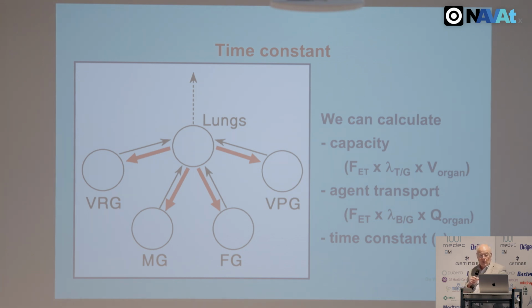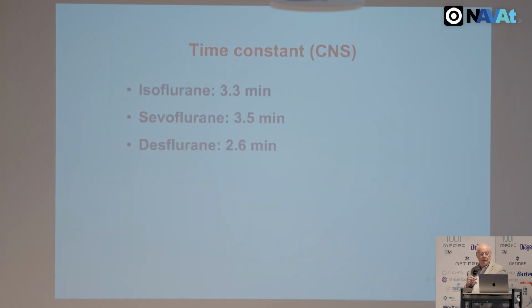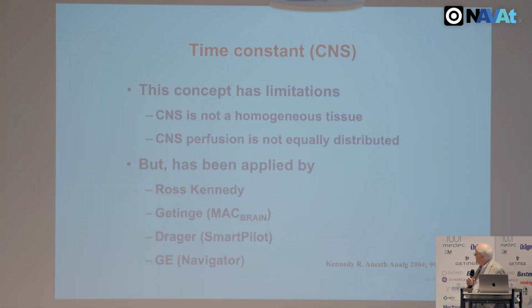So we can determine how fast these compartments equilibrate with each other. And the time constant is about 3.5 minutes for ISO and SEVO, and it's a little bit shorter for DES, 2.6 minutes if you do the calculations. Which means that desflurane is the faster in and out agent, which is something that we know very well.